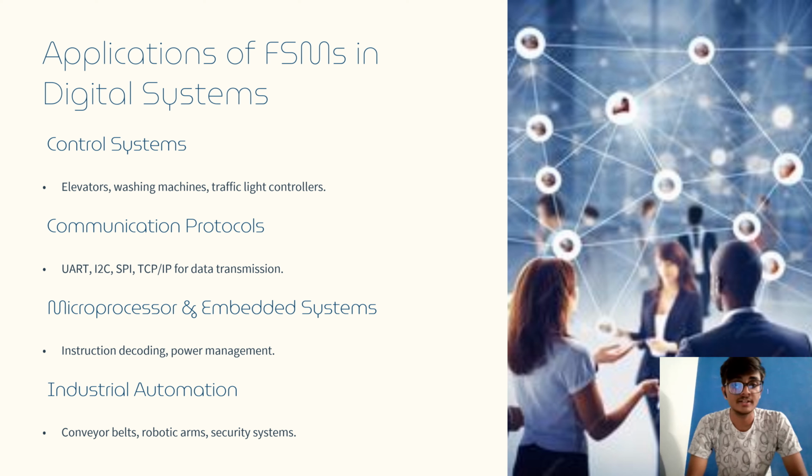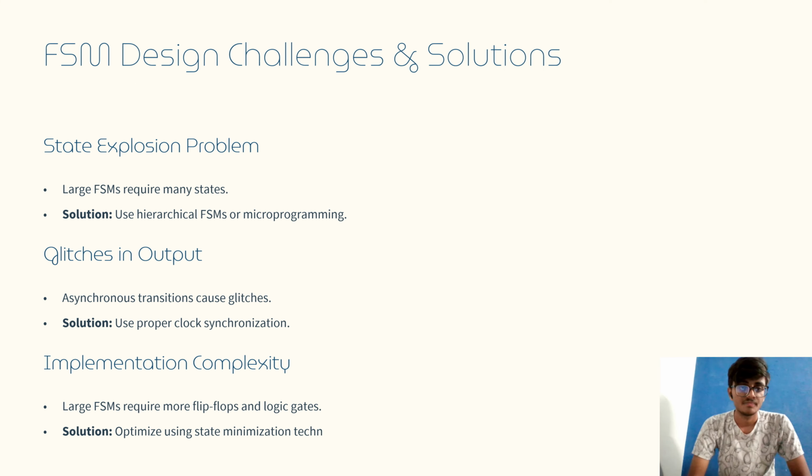Third one is microprocessor and embedded systems: instruction decoding or power management. And fourth is industrial automation: conveyor belts, robotic arms, security systems. We use FSMs in these types of applications.